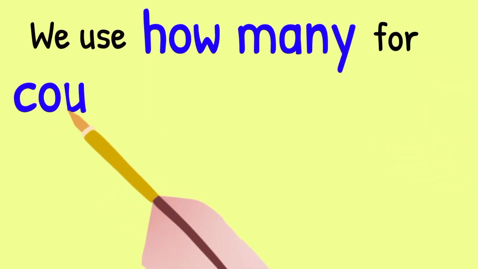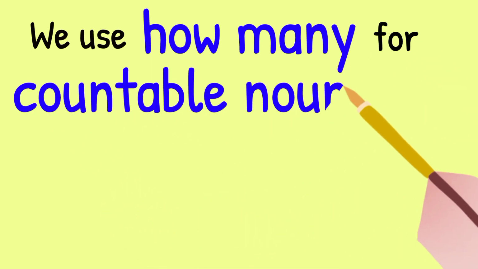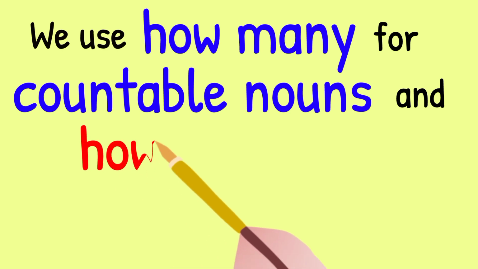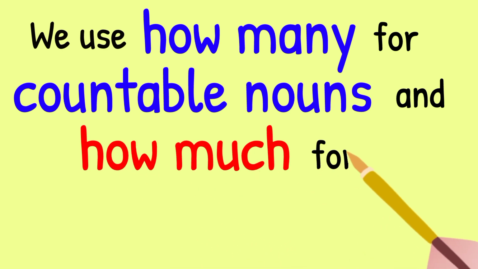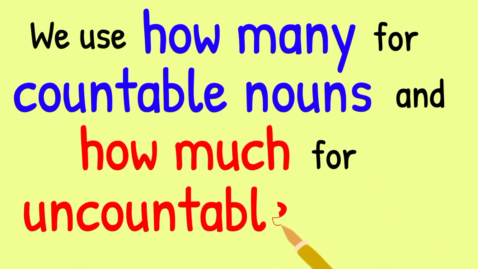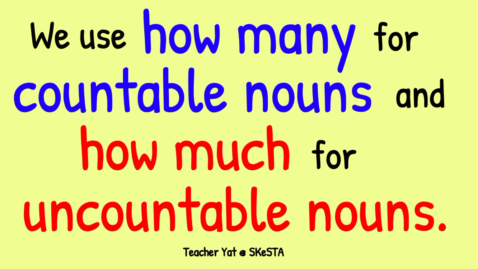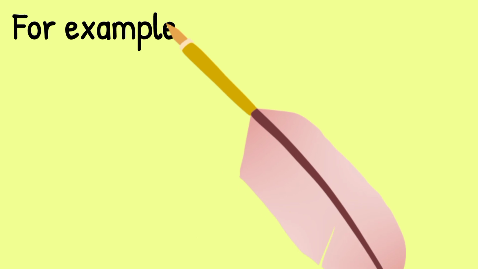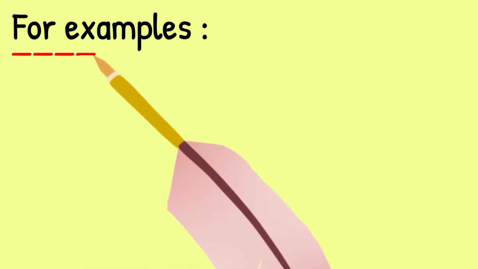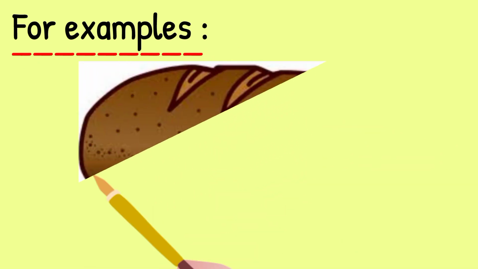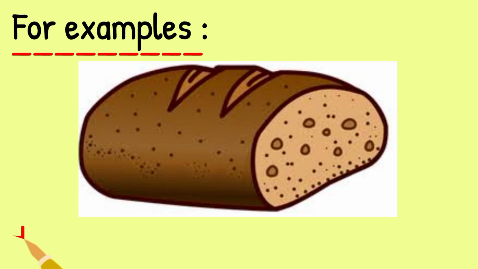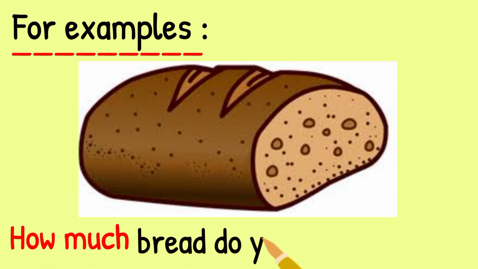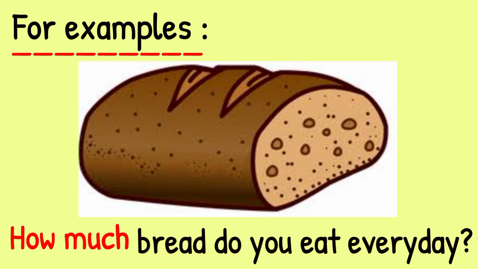So, for the summary, we use how many for countable nouns and how much for uncountable nouns. For examples, when someone asks you, how much bread do you eat every day?